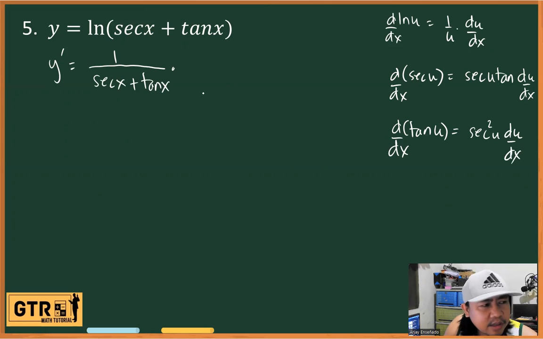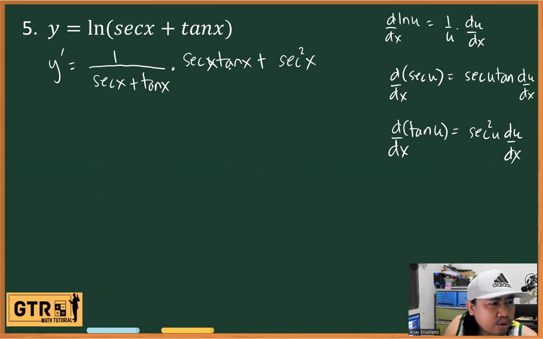So apply that. Therefore, the derivative of secant x is secant x tangent x, since the variable is x, plus the derivative of tangent, which is secant squared x. The derivative of x is 1, so no need to write it.